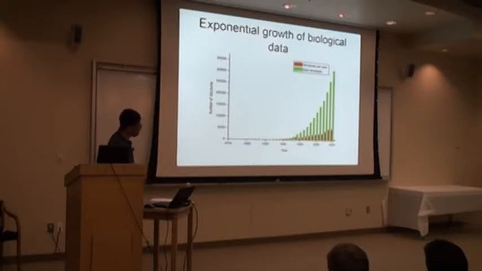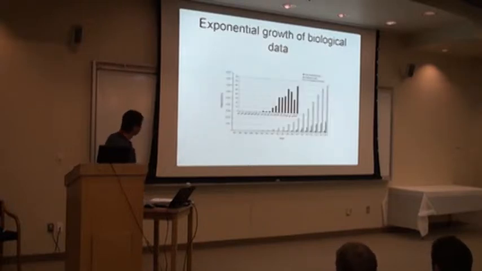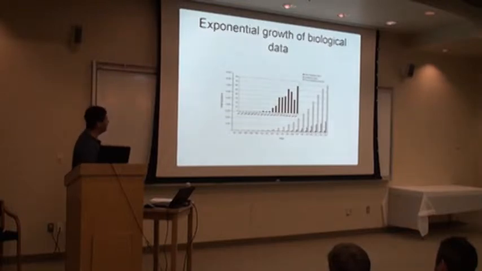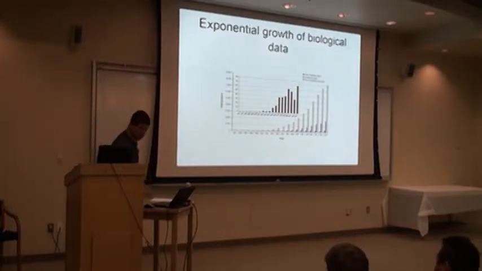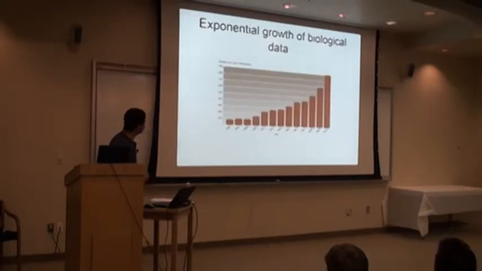We have exponential growth in that number. Here we have the number of interactions that were determined. Again, we have exponential growth of information, of knowledge. This is the number of publications, the number of articles a year. It's again just growing and growing, and the pace keeps increasing.